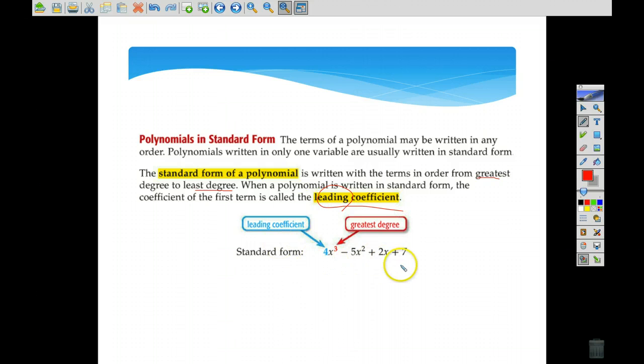You have all these different terms, and the one with the greatest degree comes in the front. The number in front of it is called the leading coefficient. You write the degrees in order from greatest to smallest, and then the constant number.